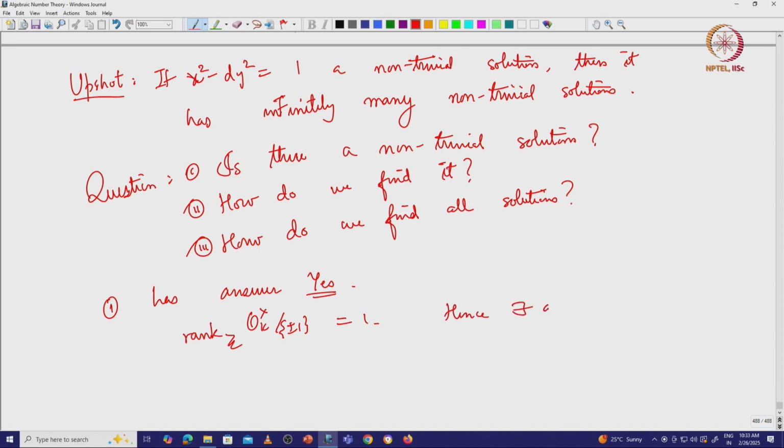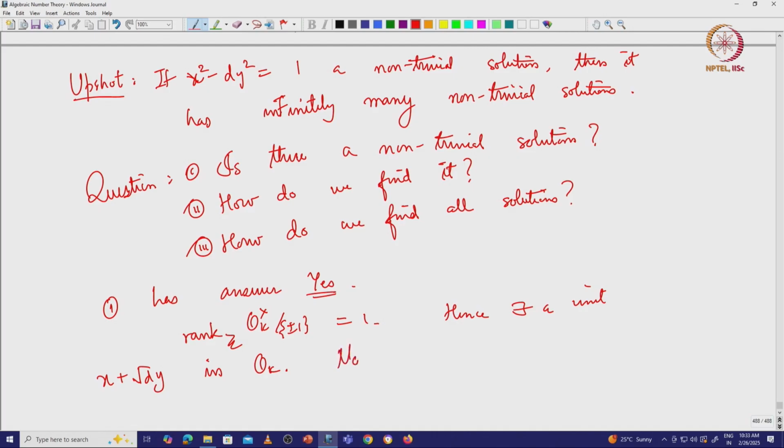Hence, there exists a unit, let us say x plus y square root of d in O_K.